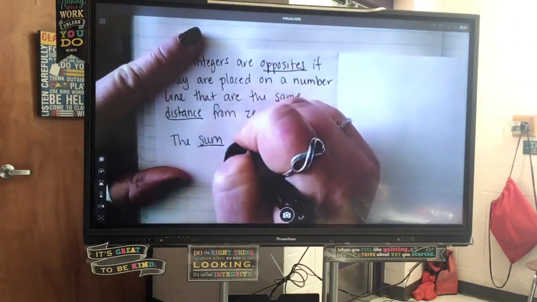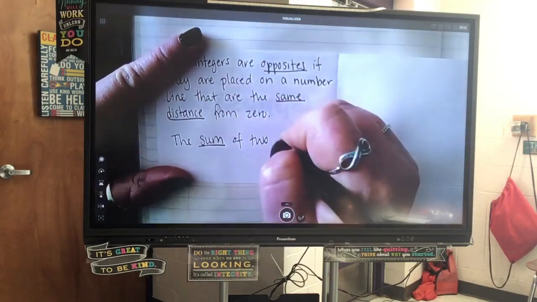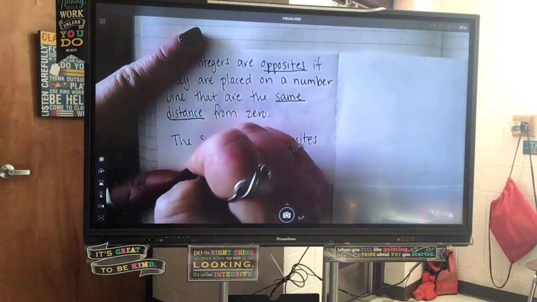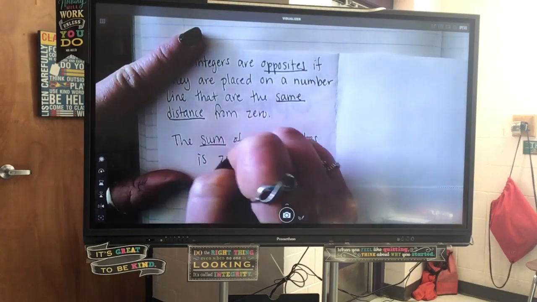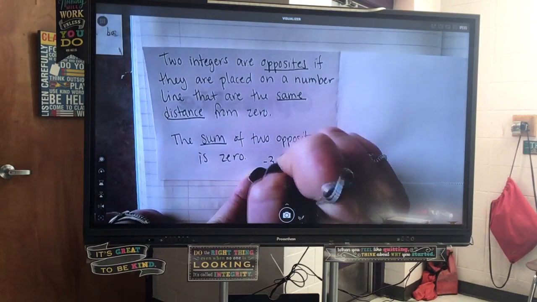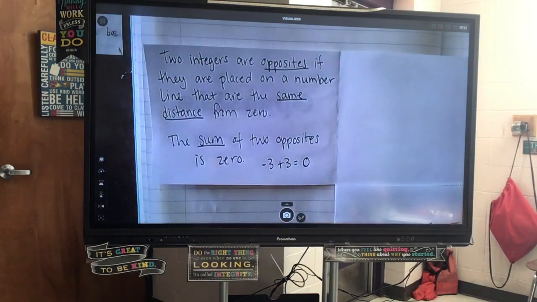The sum of two opposites is zero. And that last part would be, so if you have -3 plus 3, that is going to give you a 0. So that's what that means for that last one, the sum of two opposites is 0.